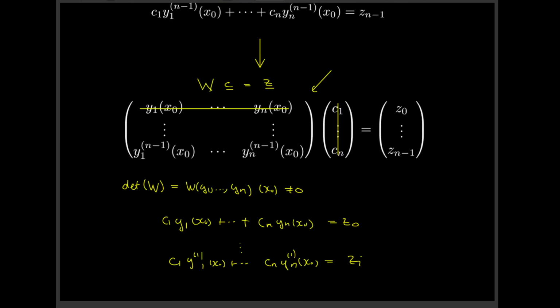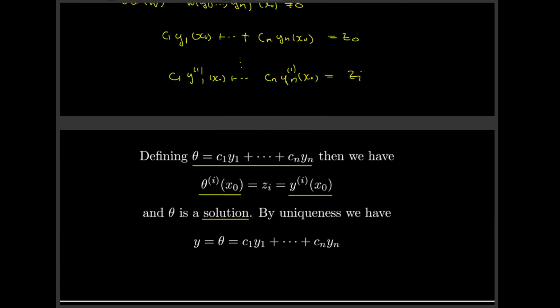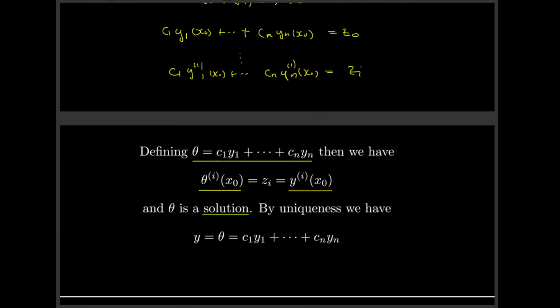Remember, these z's were defined as the initial values of y at the point x0. And so, by the existence and uniqueness theorem, y is equal to theta, and so y is just a linear combination of the solutions in our fundamental set.